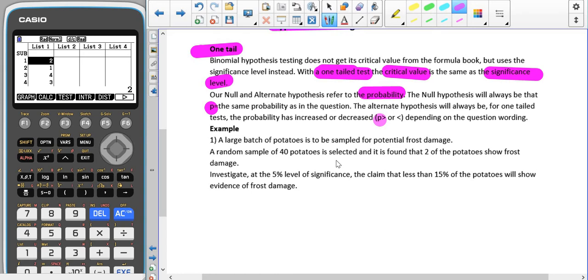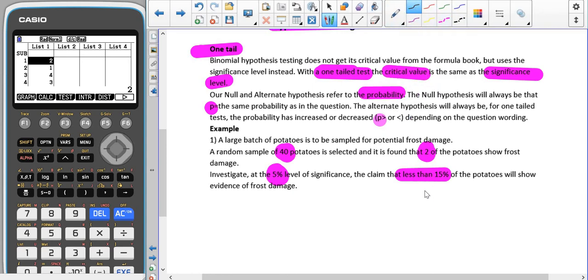So, a large batch of potatoes is to be sampled for potential frost damage. A random sample of 40 potatoes is selected, and 2 of them were found to have frost damage. We're trying to investigate at a 5% significance level the claim that less than 15% of potatoes show evidence of frost damage.